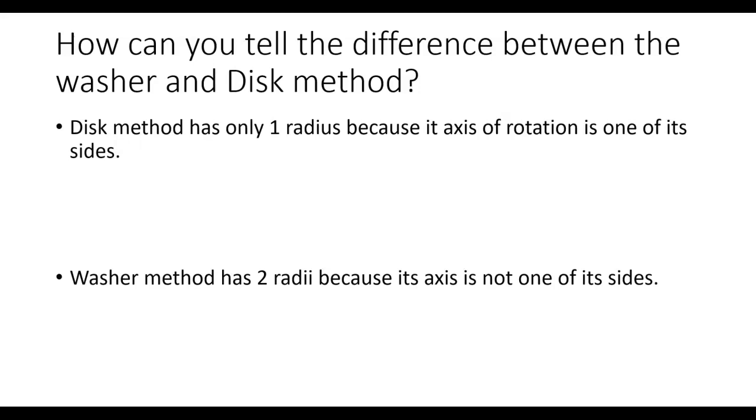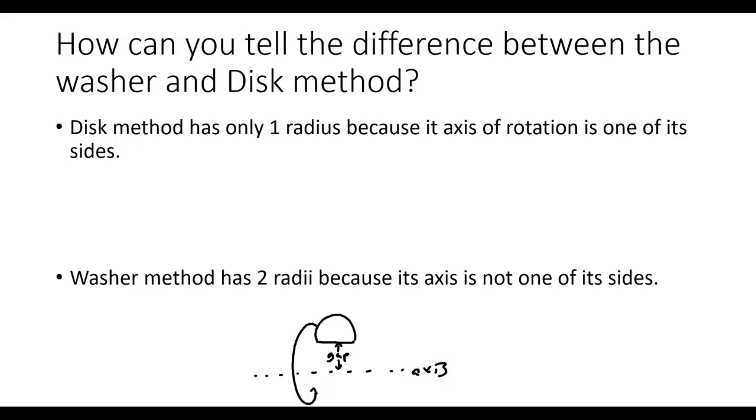So if you have a function, like let's say I wanted to rotate this area around this axis. Well, there's a gap here. And therefore, when you rotate this around the axis, you're going to have a hole.